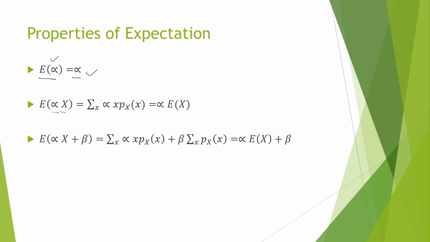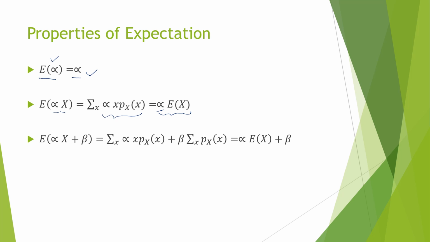Now substitute alpha x into the equation. By definition, we are substituting alpha x in the place of x in p_X(x). Now, alpha being a constant, we bring it out and it gives us alpha E[x]. From this equation, we understand that if you multiply the random variable with a constant, its mean value is multiplied with the constant value.